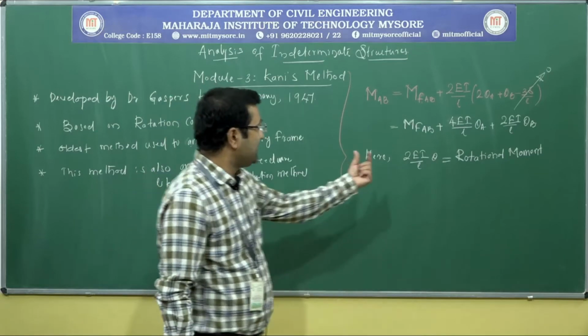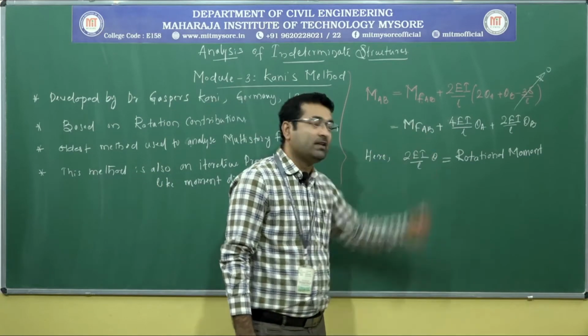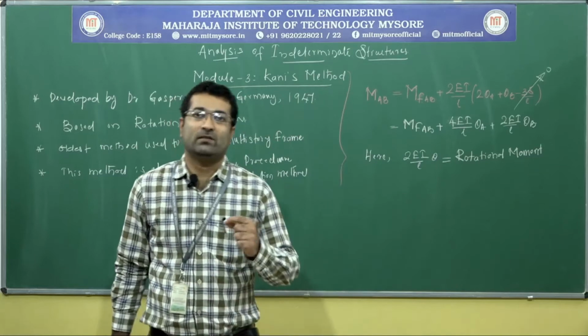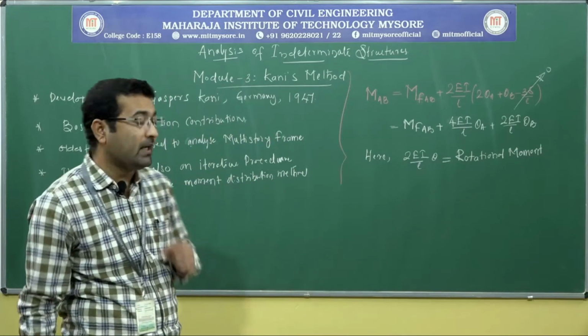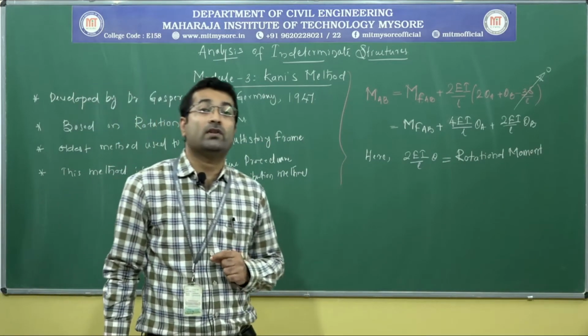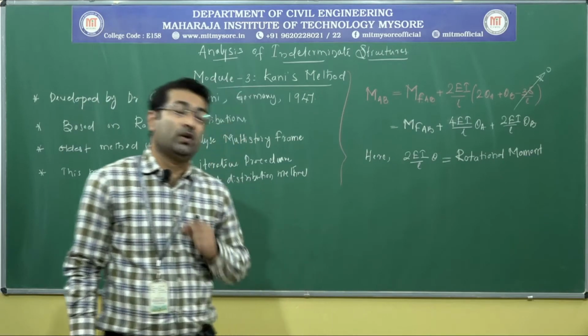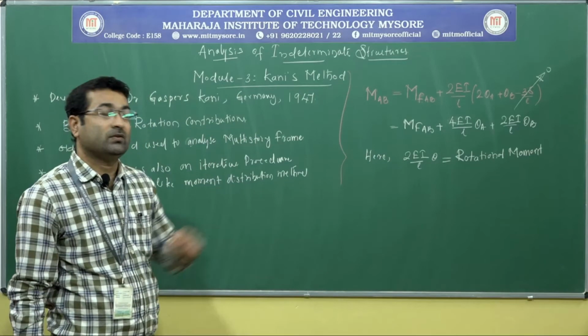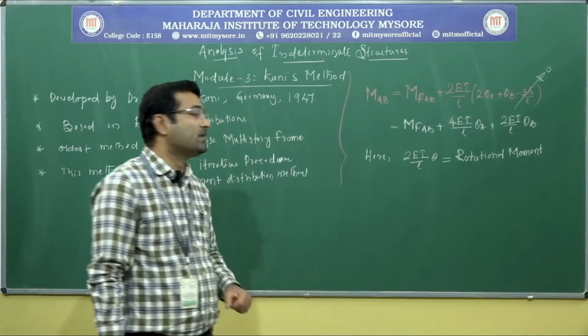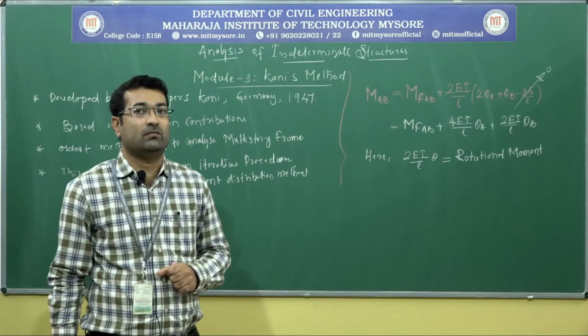This term, 2 EI by L into theta, is the moment developed at any end due to the rotation of that particular joint or end. So this moment is called the rotational moment.